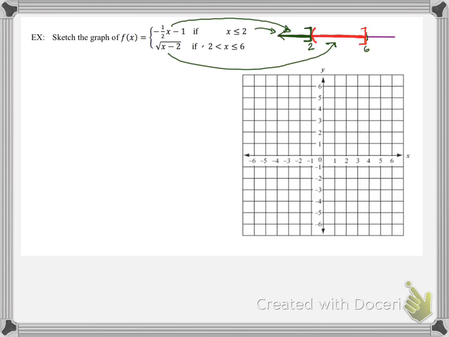So the first thing I'm going to do is just draw my boundaries. So the boundaries happen when we make a switch from one to the other, or when we stop the graph. So here and here, I either switch from one rule to the other one, or my graph stops. So we are going to use dotted vertical lines at 2 and then at 6.